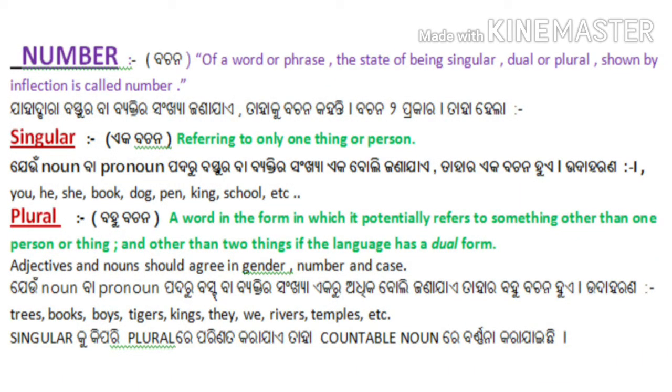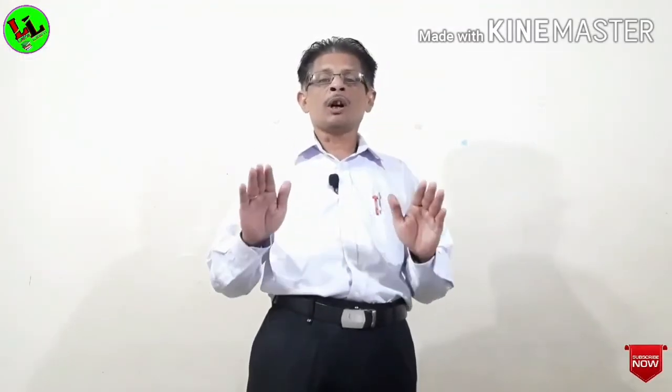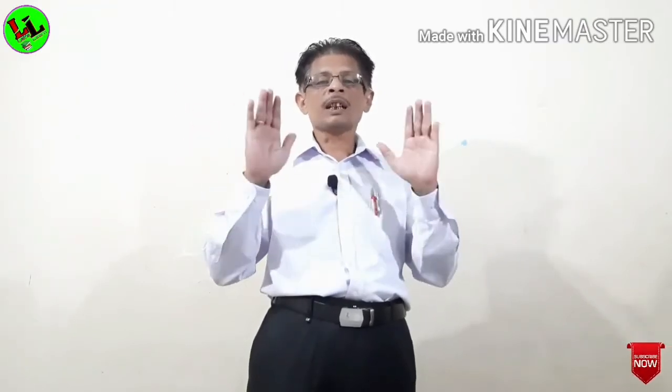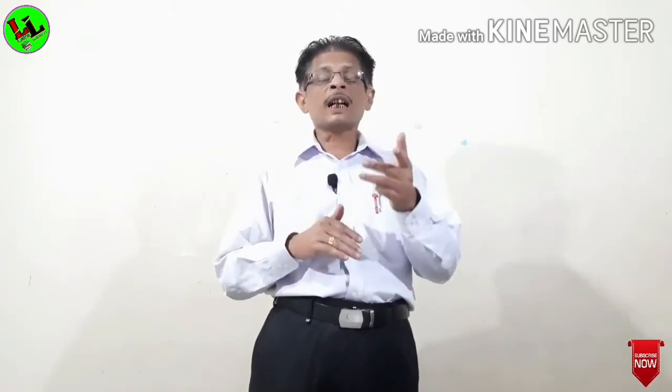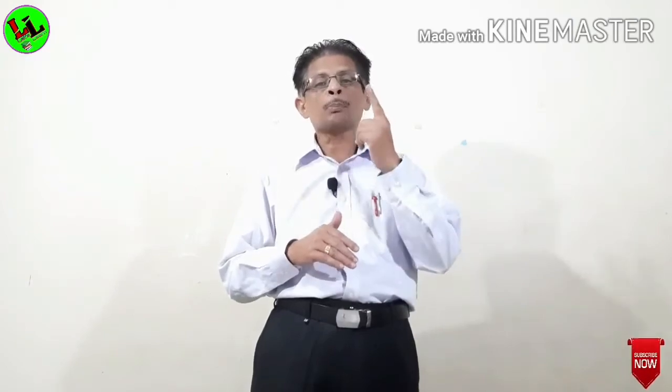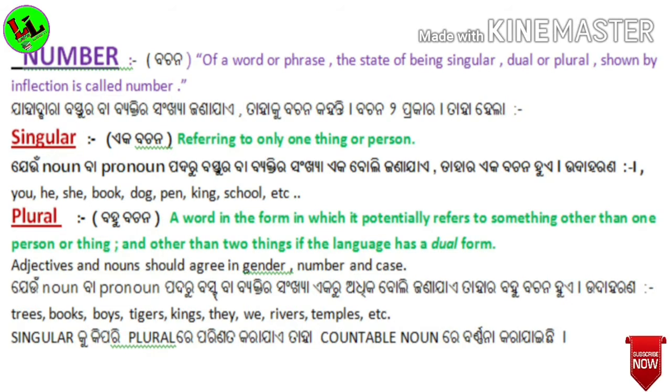Singular refers to only one thing or person. Example: I, you, he, she, Rama, Hari, cat, dog, boy, book, etc. This is about singular. On the other hand, the second one is the plural. What is plural? A word in the form in which it potentially refers to something other than one person or thing, and other than two things if the language has a dual form.